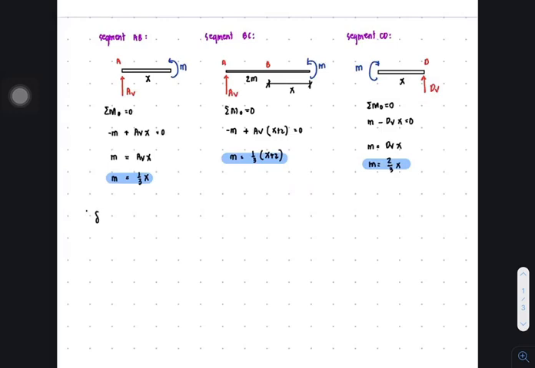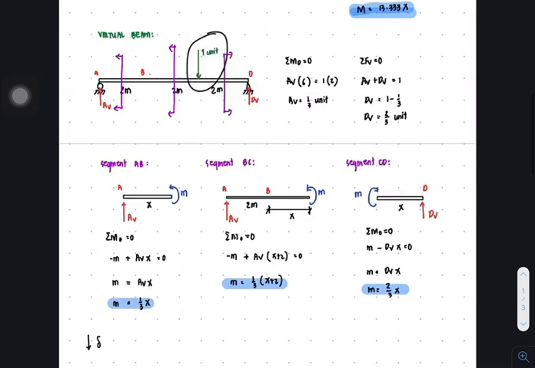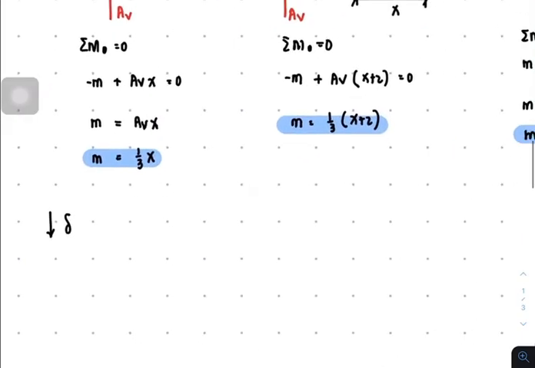Okay, so the next thing that we're gonna do is get now the deflection. And our assumption is downward, right? Okay, downward it is. And it is equal to the summation of the integral from a to b of m times m dx.